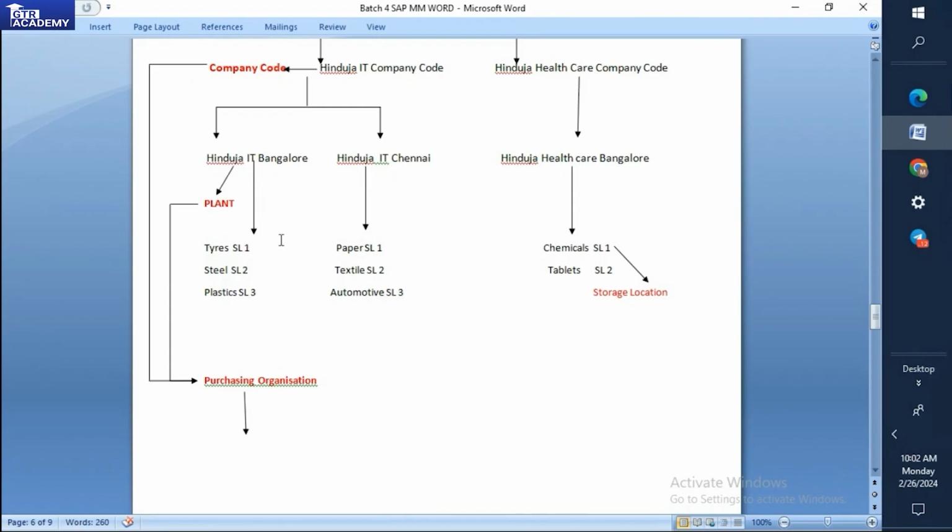They want to differentiate all the data related to the plant or the facility. So do they make more plants, or more storage locations? Storage location, no? Okay, understood.